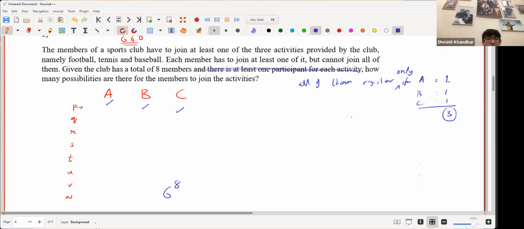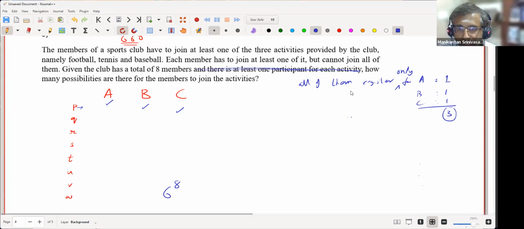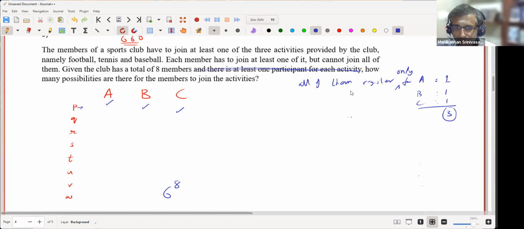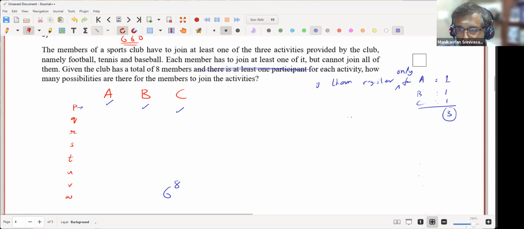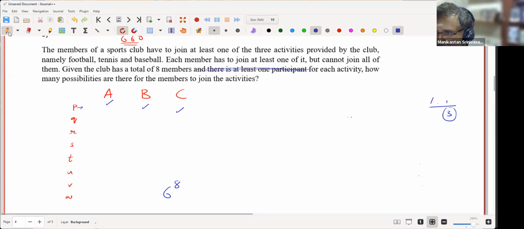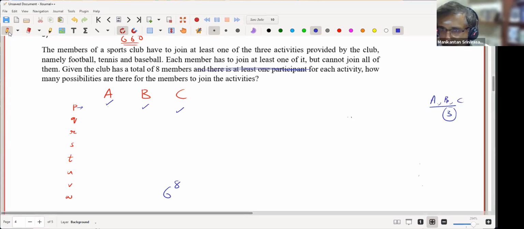Okay. Now we have to do the cases where all of them, or rather, okay, how shall I say this? There's registrations only for A and B. I don't know why I deleted this. Okay, fine. So this is just A, just B, or just C. It's total of 3. Okay.